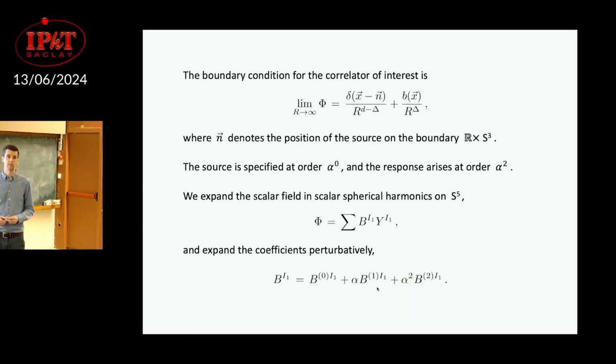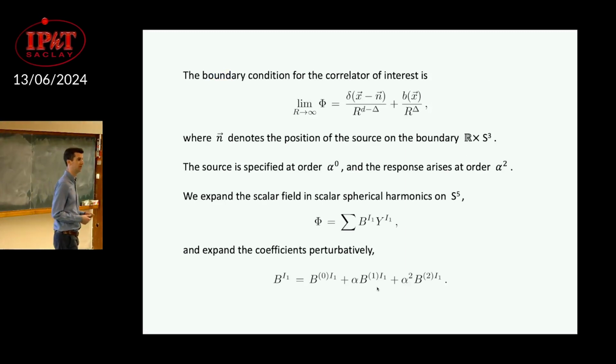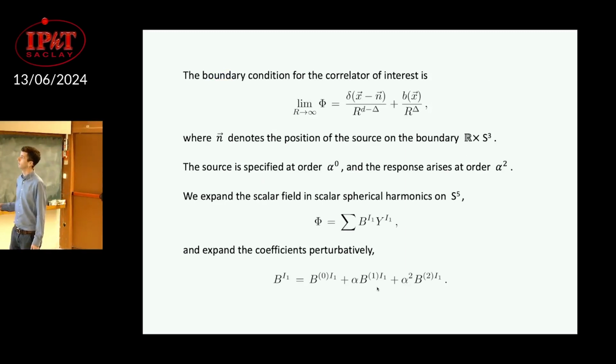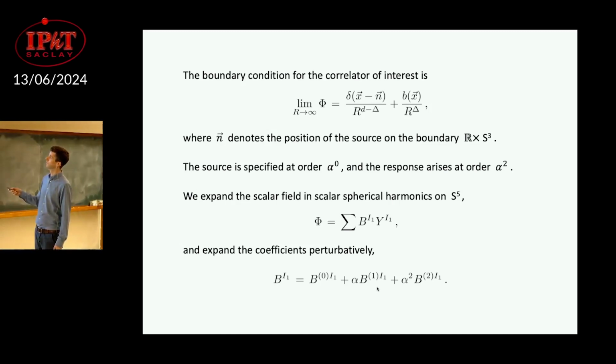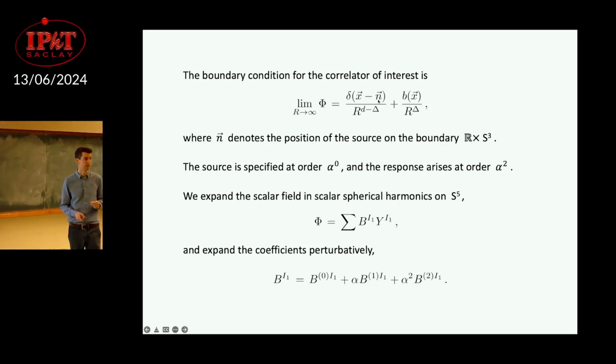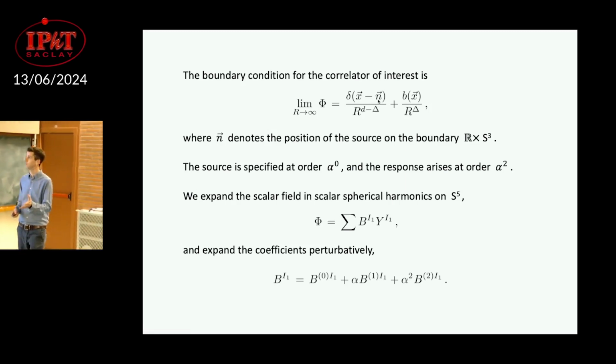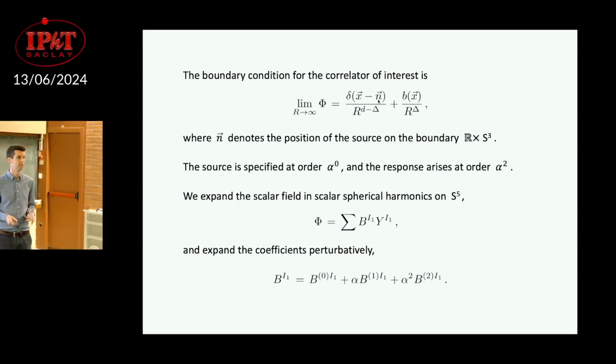The boundary condition is the standard one for computing holographic correlators. I require that the fluctuation field has the form of a delta function source at a particular point on the boundary, which is specified, that's input to the calculation at order alpha to the 0.